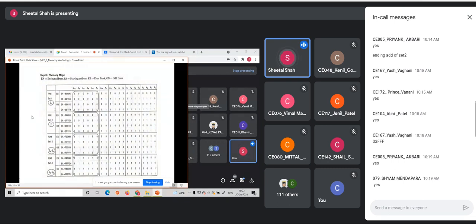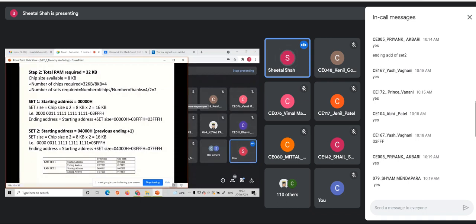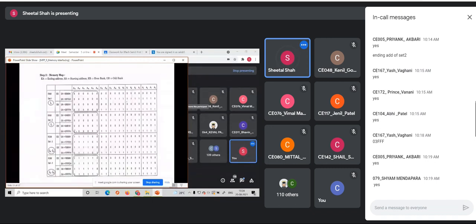For the next set, the starting address was 04000, which you have observed here. Here it should be 03FFE and 03FFF, whereas for the set 2 it should start with 04000 and the last address was 07FFF. Okay, this is what is drawn here, 07FFF. That is my last address of this RAM.